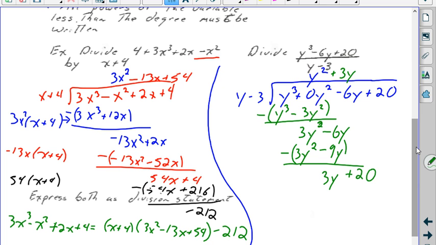Bring down my 20 because I know I'm going to need it. And then we have plus 3. We would have 3y minus 9. Now, if you're not comfortable doing it this way, that's perfectly valid. It's a perfectly valid way of doing it, just keeping track of everything.